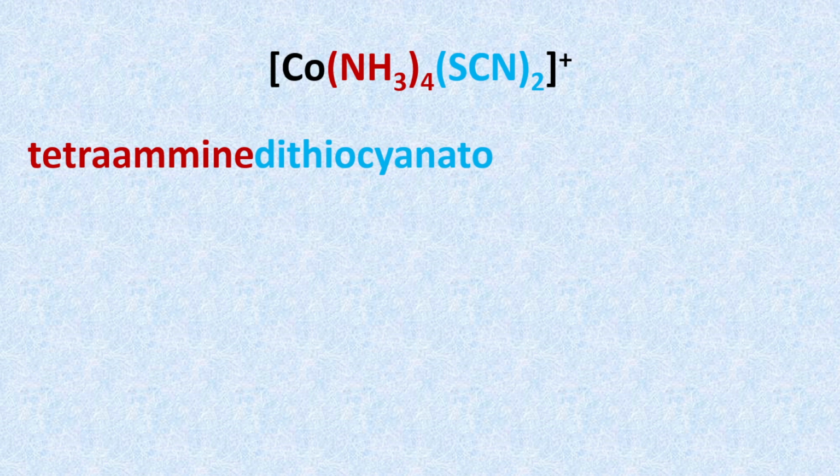Since the thiocyanate ligand is bonded to cobalt through the sulfur atom, the capital S is added along with the hyphen mark. Amine is a neutral ligand while the thiocyanate ligand carries a -1 charge. Therefore, the oxidation state of cobalt is +3 as the coordination sphere also carries a +1 charge.